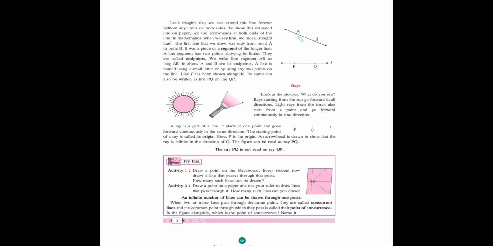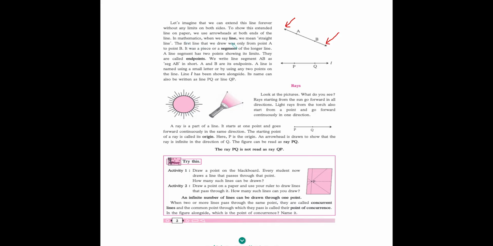We do this by drawing an arrowhead on both sides, away from A and away from B. So it extends from point A by the arrow, and extends from point B on this side. We can imagine that we can extend this line forever without any limits on both sides, and to show this extended line on paper, we use an arrowhead at both ends of the line.